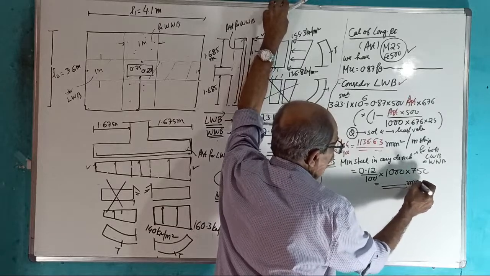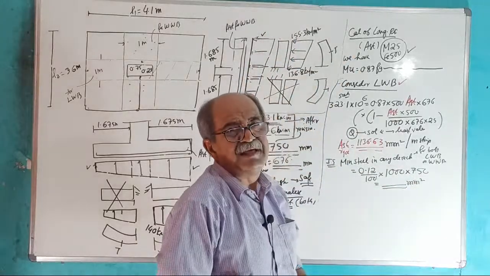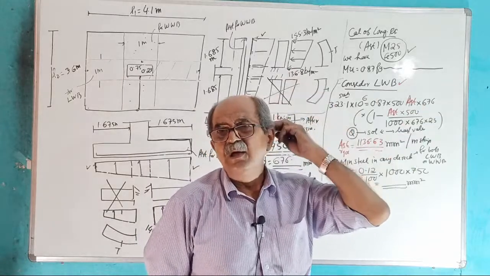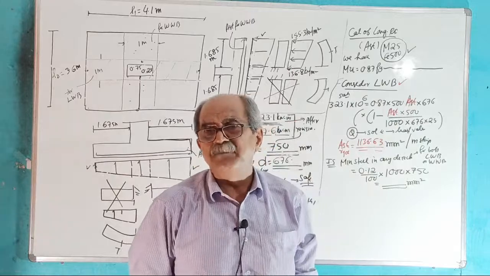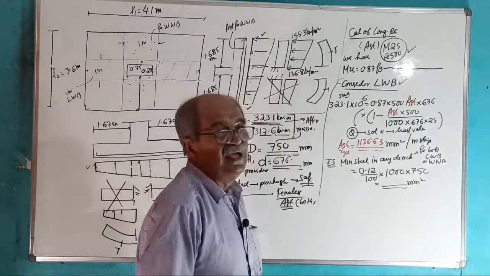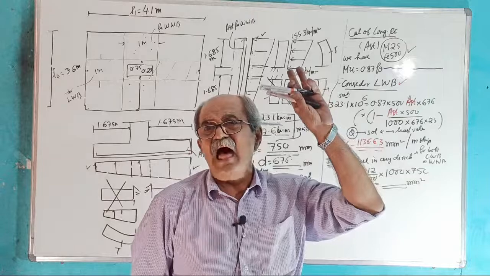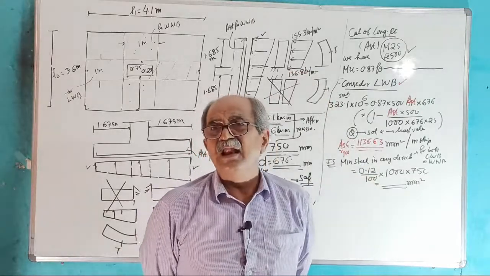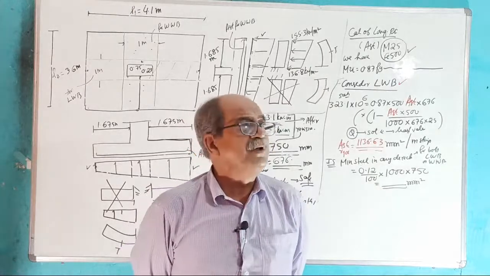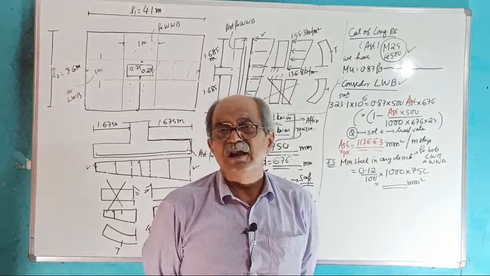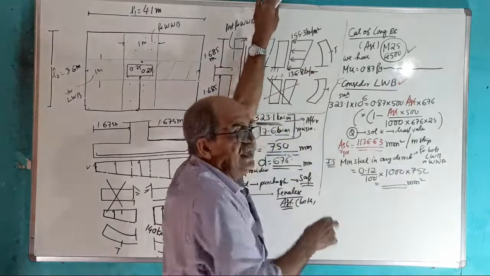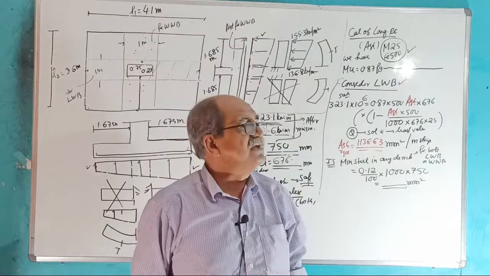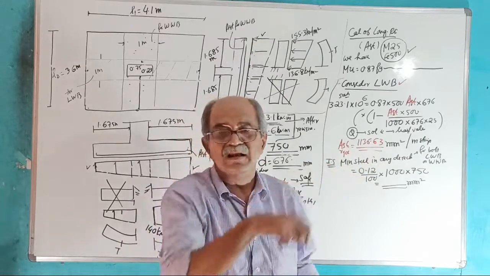If you do not know this, you are wasting your time attending my class. It has already been told thoroughly earlier. 0.12% of B into capital D. In the earlier slab classes, how many times you used it? 1000 times you used it. Somebody may say they have not gone through it. Go there then. Answer.